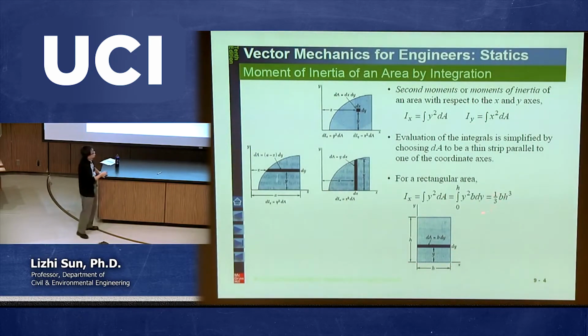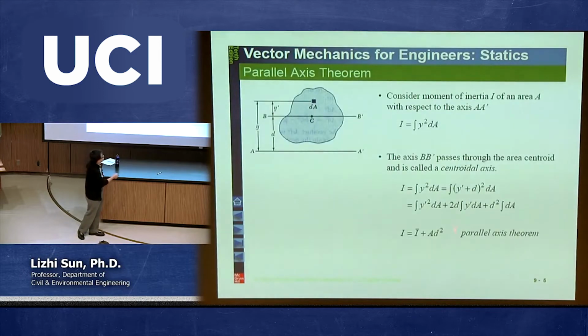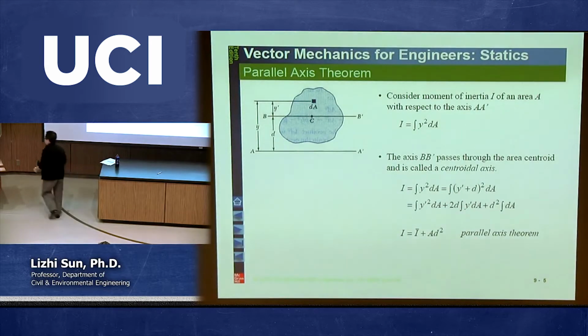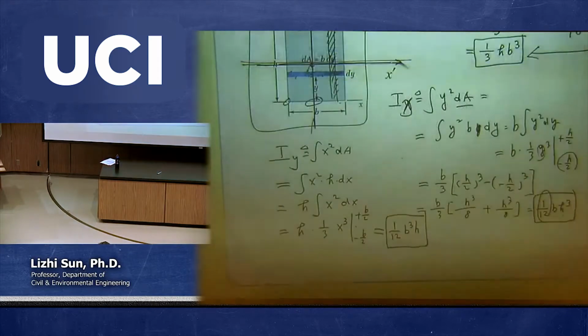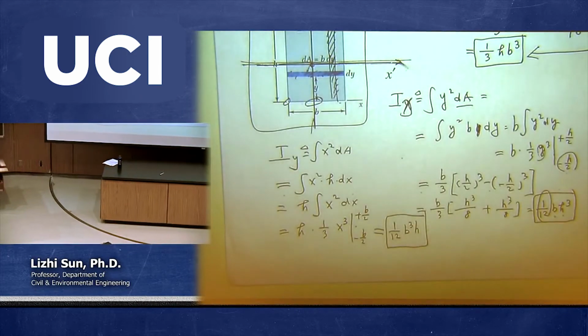And I also showed you another moment of inertia, the integral of y squared dA, which is equal to 1 over 12 b h cubed if I choose the axis passing through the centroid in the center like this. Now, we can use the two results we just obtained to check whether this theorem is valid or not. Of course, it has to be valid because we proved it already. But I just want to use that example to show you that the theorem exists. So let me just quickly show you.